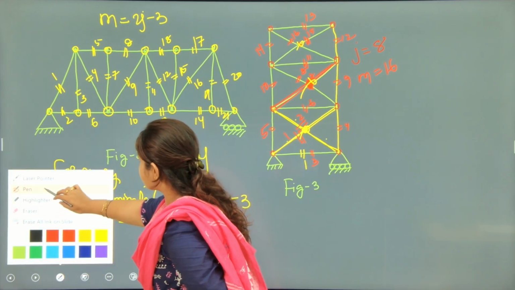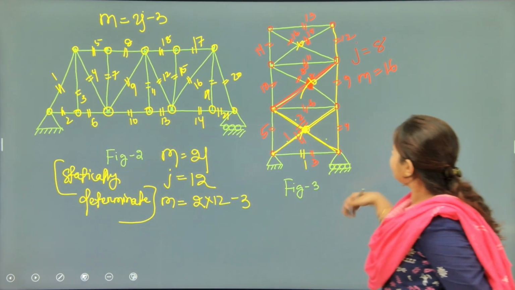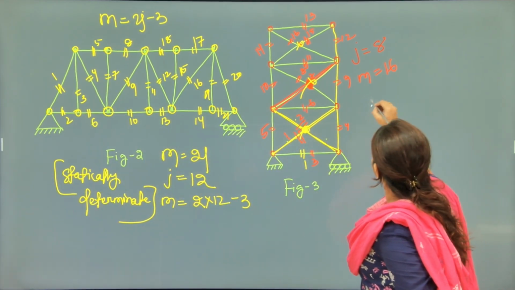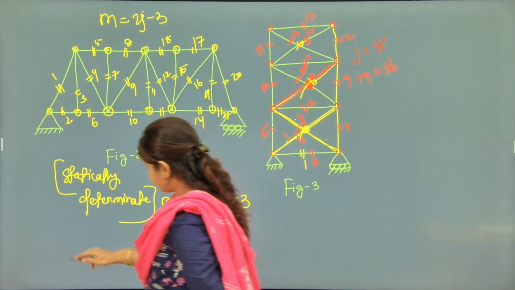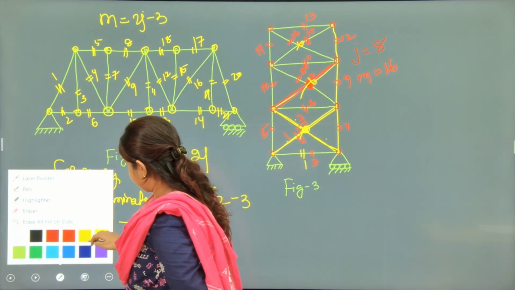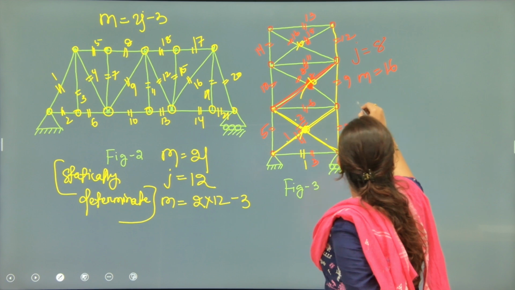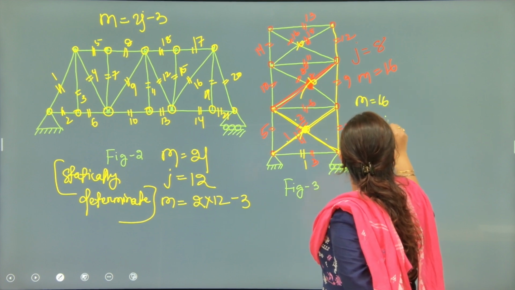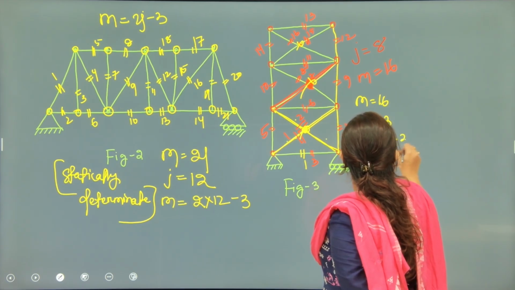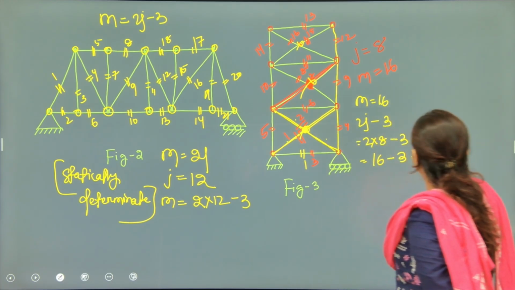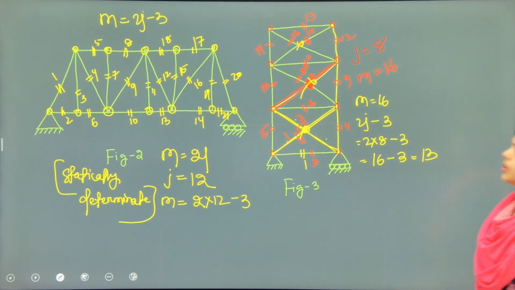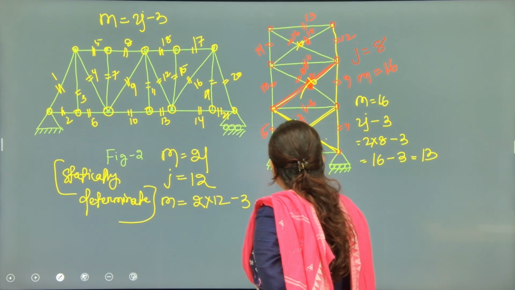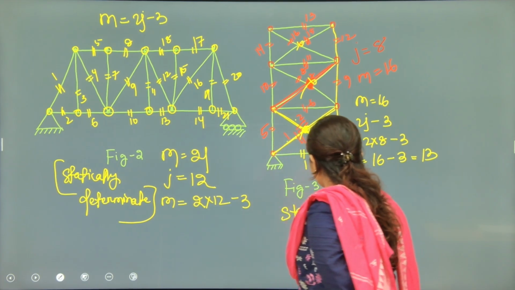Now is the structure statically determinate or indeterminate? How do we know that? 2j is 16, minus 3, that is 13. So here the structure is statically indeterminate.